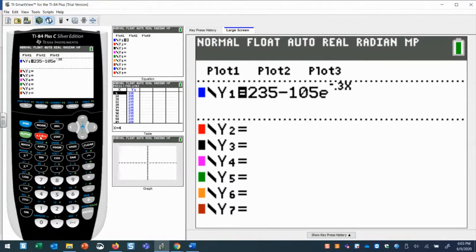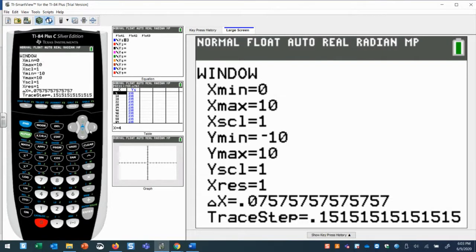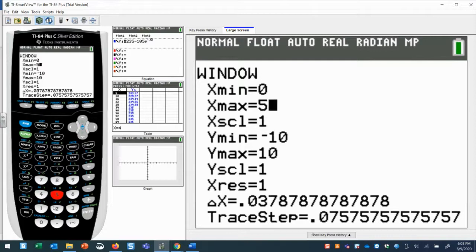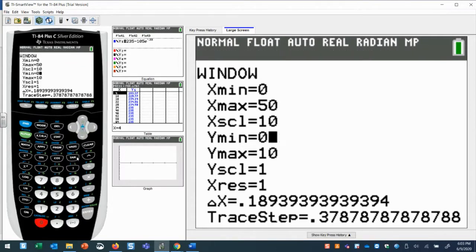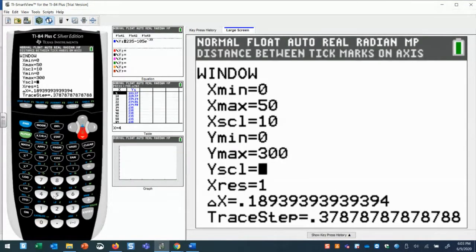Use x for your variable. Now my window for x is from 0 to 50, and I'm going by tens. My y is from 0 to 300. Let's go by 50s, since 300 is pretty large. So I want to graph this and see what's going on.